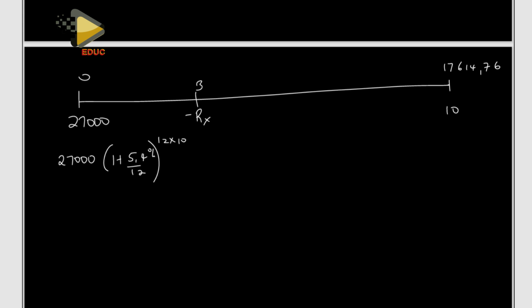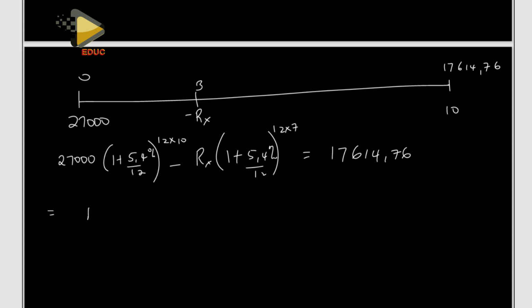Then since this was a withdrawal, I'll subtract Rx times 1 plus 5.4% over 12, the exponent is going to be 12 times 7. This must give us 17,614.76.